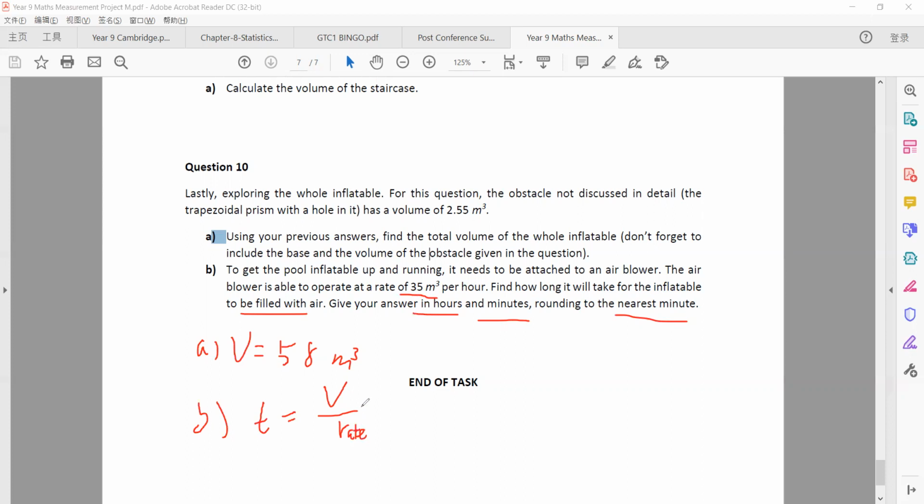So we know the total volume is 58, divided by the rate of 35. You can use your calculator, so we use 58 divided by 35.